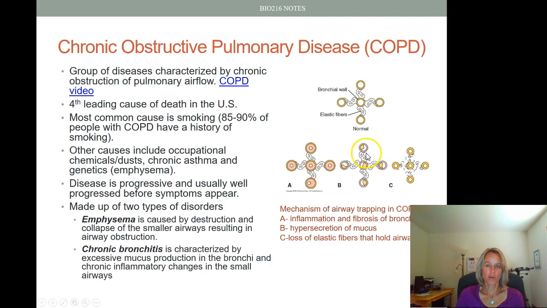And then chronic bronchitis, which is characterized by excessive mucus production in the bronchi, and chronic inflammatory changes, showing inflammation in the small airways. Okay, I'm going to pull up a YouTube video here that I think does a pretty good job of describing these two disorders.